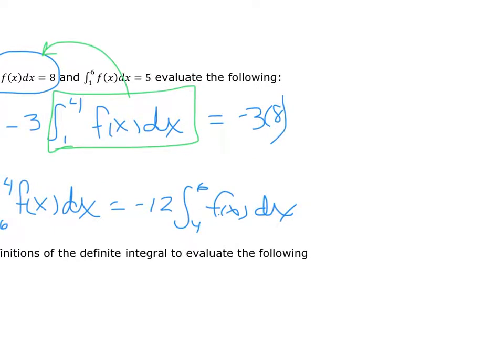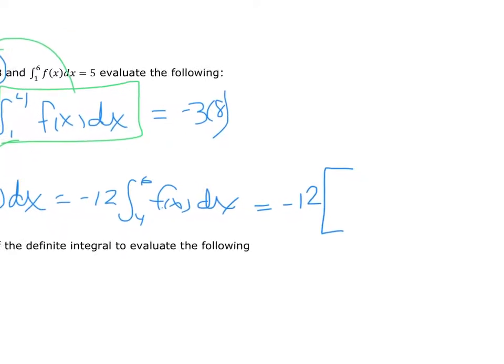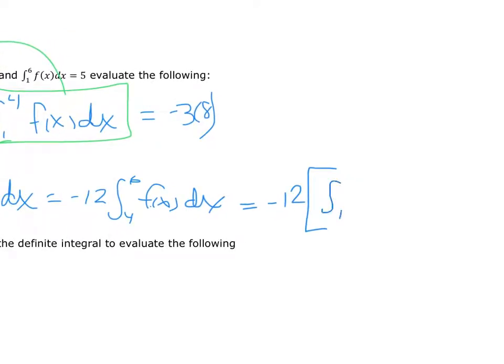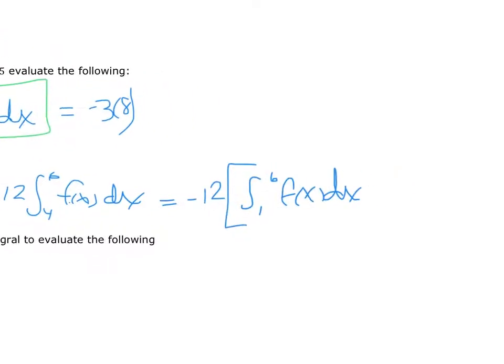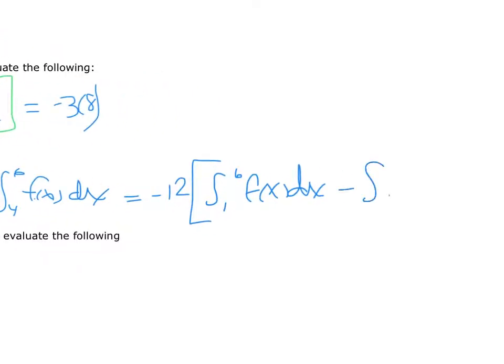So this is going to be equal to negative 12, and I'm going to integrate from 1 to 6 of f of x dx. I'm going to integrate the entire area because I have a replacement for that. And then I'm going to subtract off the part that I don't want, which is 1 to 4 of f of x dx. That's the part I don't need. So that's like what we did yesterday when we were doing the summations.